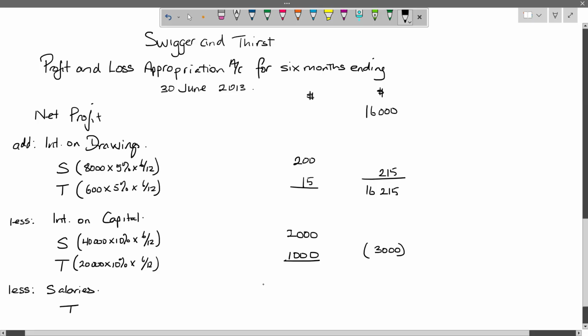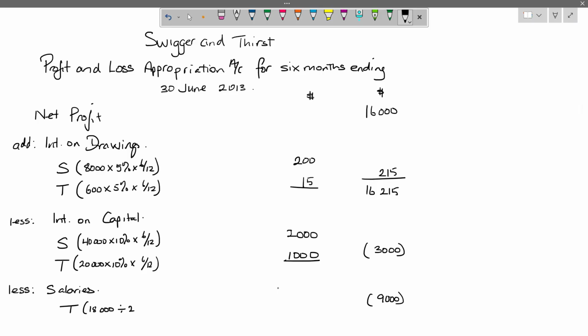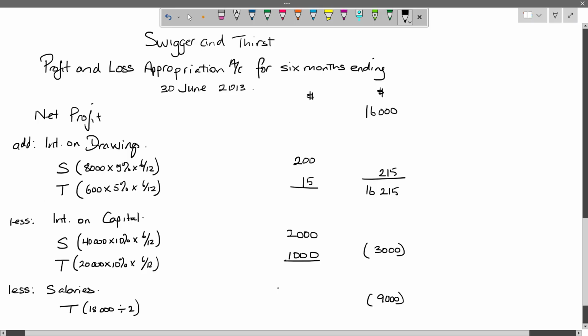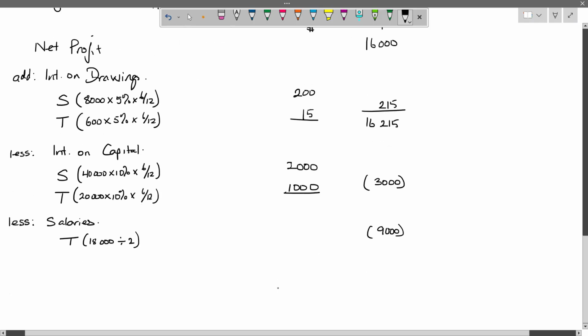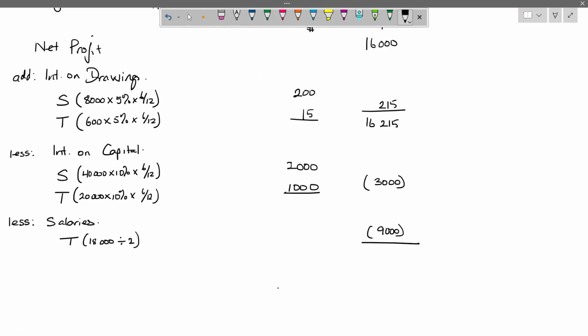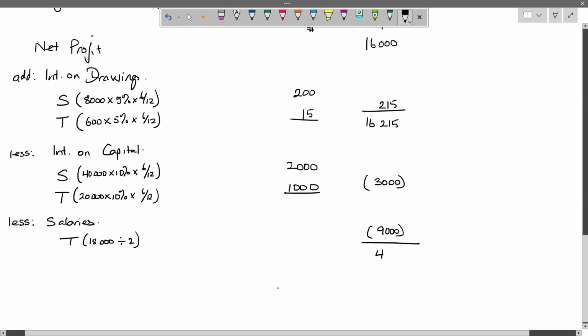This is the only guy getting a salary, and he's getting a total of 9,000 for 6 months. Again, we could just show your working here, multiply by 6 over 12. So this is our appropriated net profit.